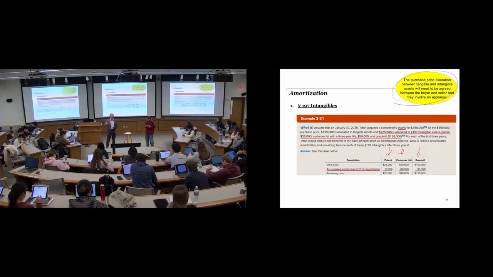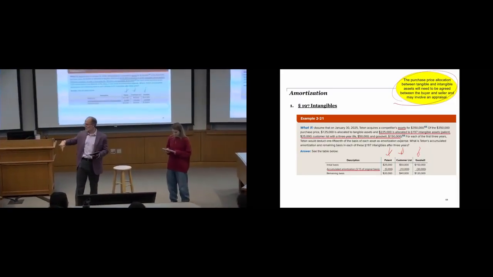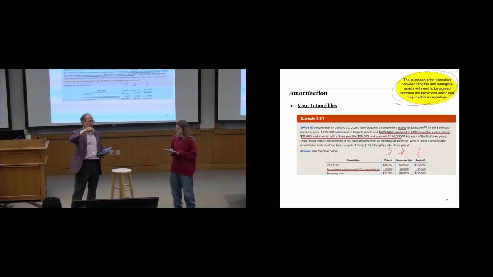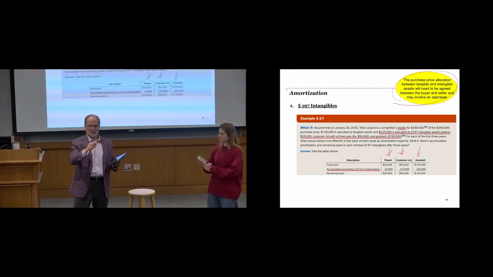The purchase price allocation for tax purposes usually needs to be agreed between the buyer and the seller. The reason is that the seller is selling assets, and we're going to talk a little bit about property disposition in the next chapter in a moment. The seller might want to skew purchase price to certain assets because they get a different result.